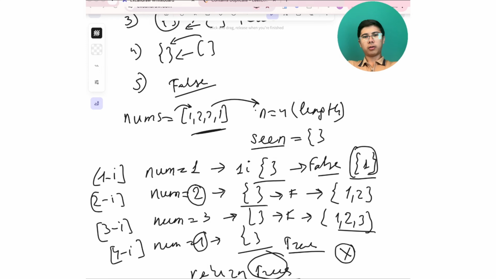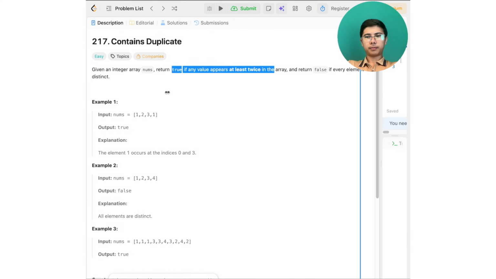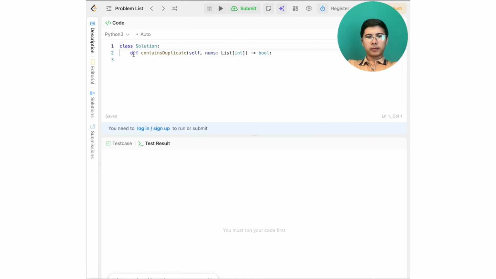Now we can convert it to a code solution. We have a class and a function with a nums list, and it returns a boolean. Firstly, we create one variable called seen, and its data type is a set. We write one loop over each num in the array. If num is in the set, seen, we just return true.